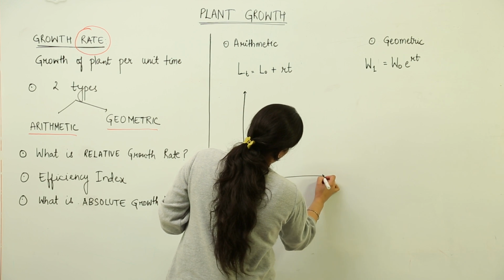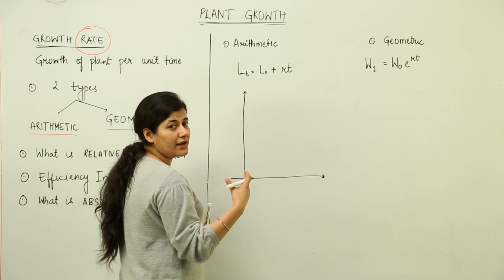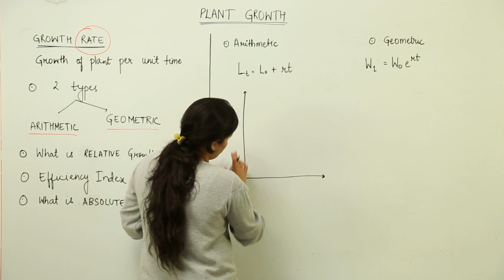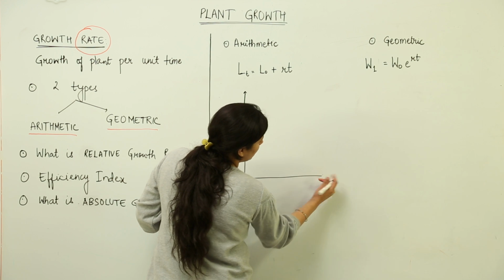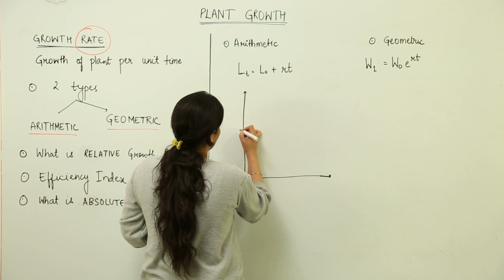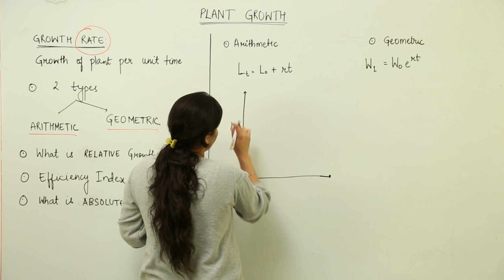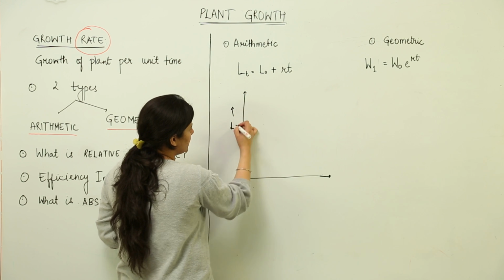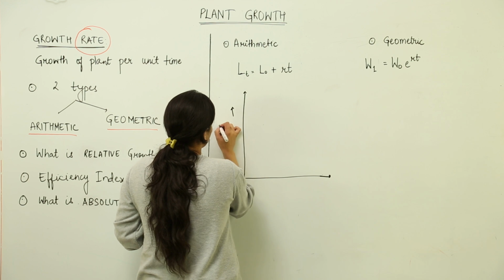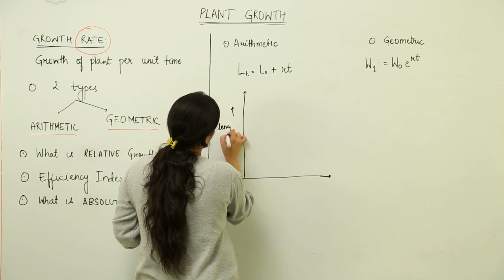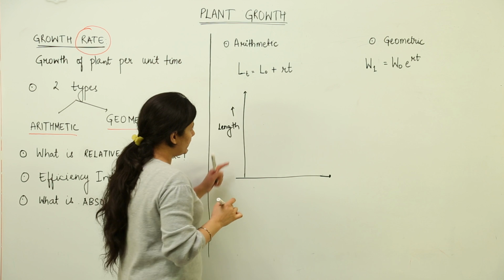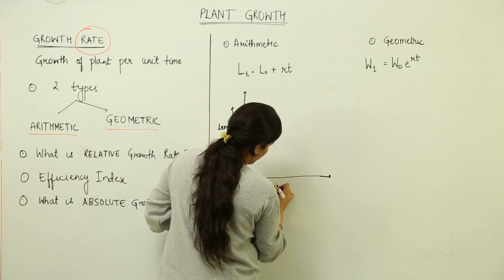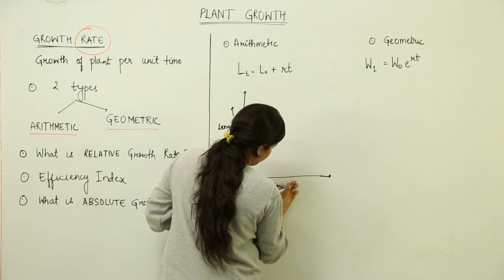We are measuring the length of a stem of a plant in a given time frame. So on the y-axis, I am going to take the parameter being considered, length, where L denotes length over here. Let me write it. Length along the y-axis and time is shown on the x-axis.